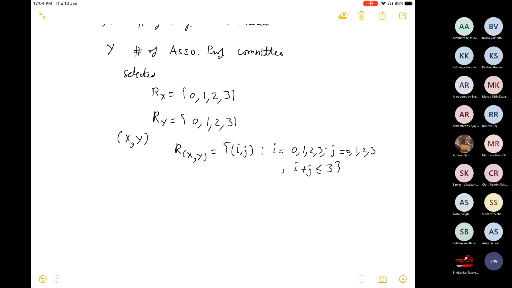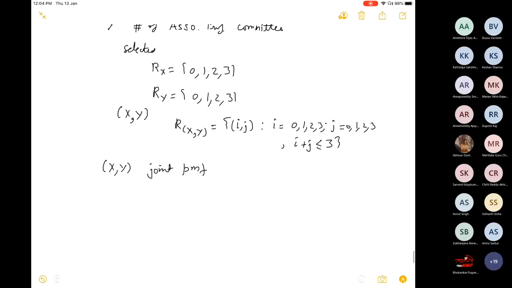So what is the joint PMF, probability mass function, of this two-dimensional random variable? It is p(i, j), which is the probability X is equal to i, Y is equal to j.